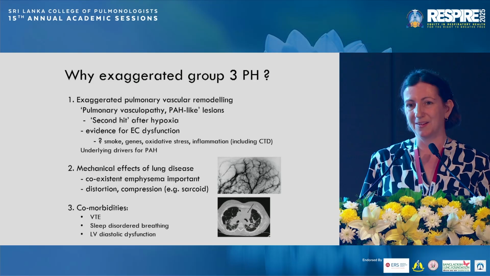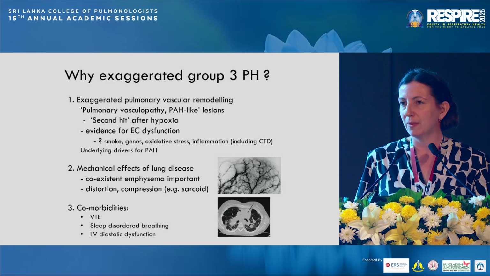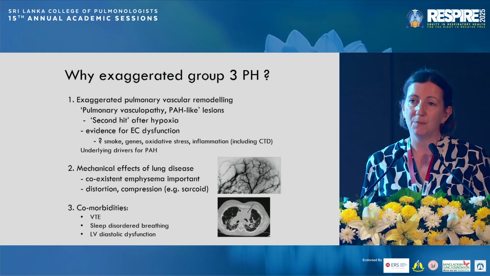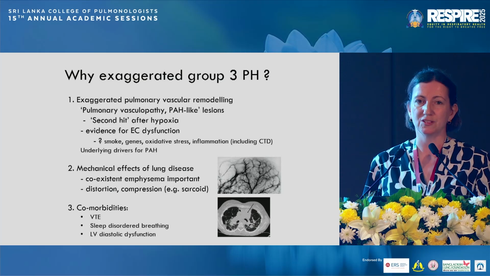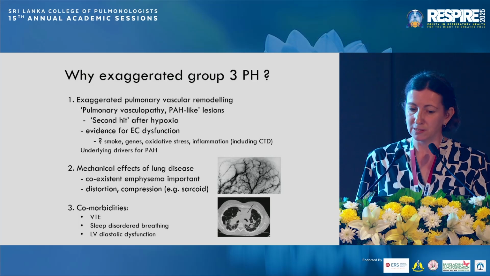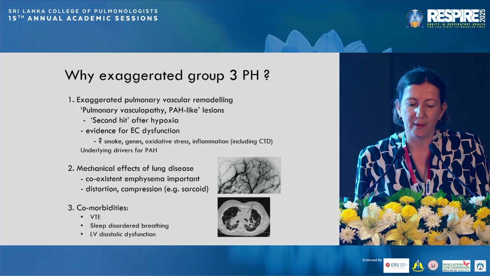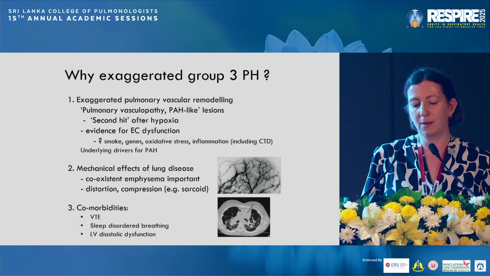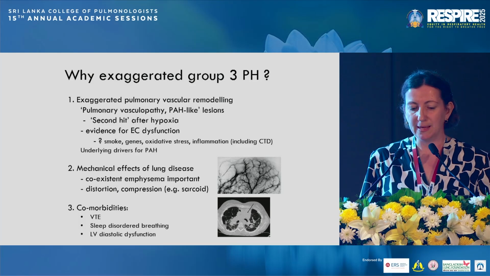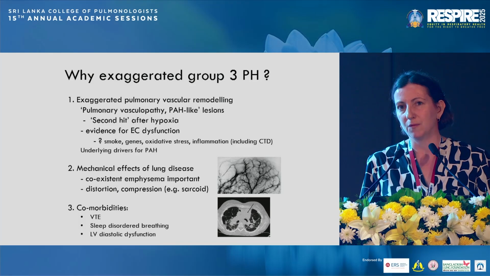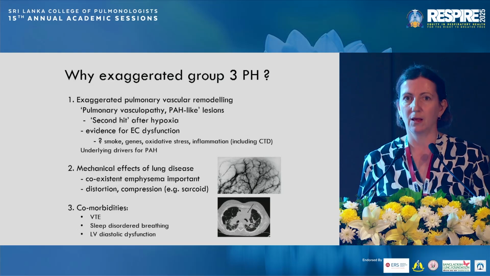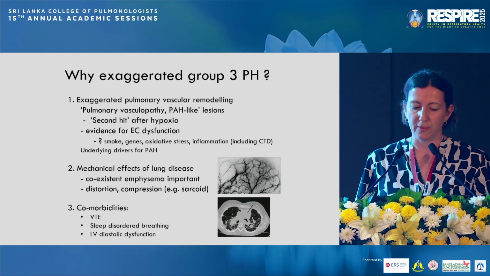Secondly, the mechanical effects of lung disease, the impact of coexistent emphysema, for example, in patients with IPF is very important. It's like a double hit. And you can imagine the vascular destruction in those patients. Similarly, patients with sarcoid, post-TB even. So the mechanical impact of the structure of the lung destroying the vessels with it.